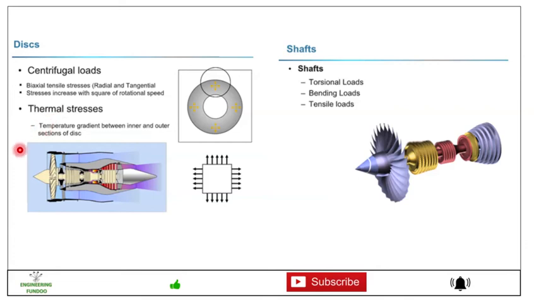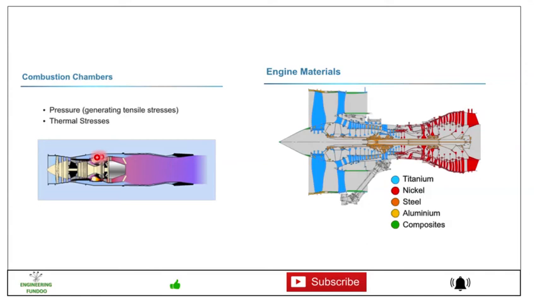Here the thermal stress is also present, and the temperature gradient between the inner and outer section of the disc is different. Then we have the shaft, which is subject to torsional loads as well as bending loads as well as tensile loads. This is the image of the shaft. Then we have the combustion chamber, where we have pressure generating tensile stresses, whereas thermal stresses are also present.